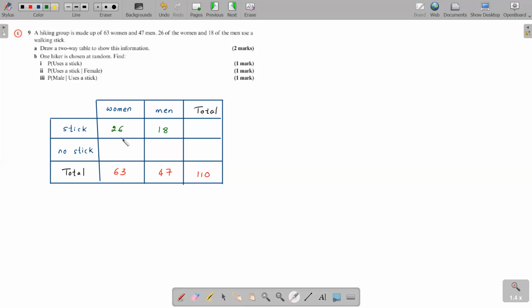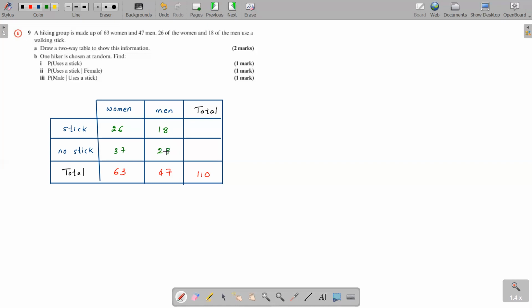So from 63, you subtract 26 and you get the answer here, 37, right? Agreed? And again, out of 47 men, 18 use a walking stick. So from 47, when you subtract 18, you get 29 men do not use a walking stick.